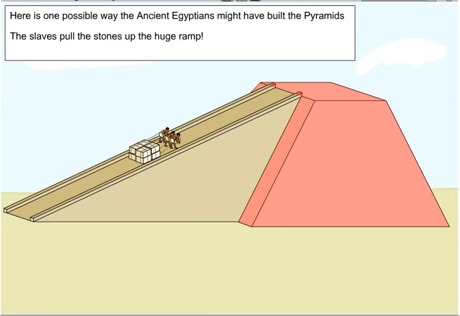Here is one possible way the ancient Egyptians might have built the pyramids. The slaves pull the stones up a huge ramp.